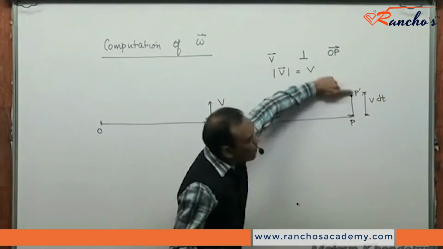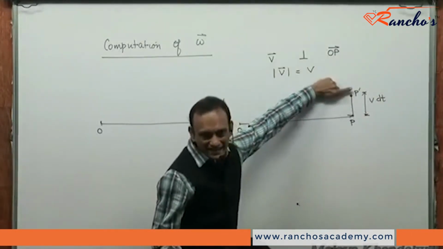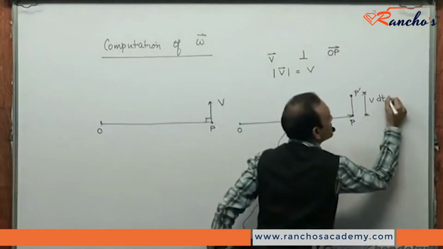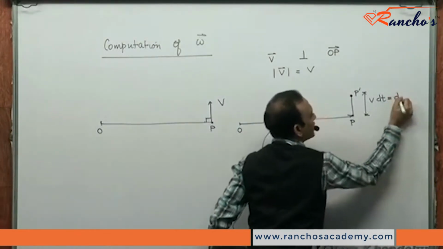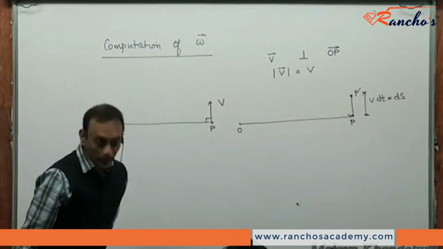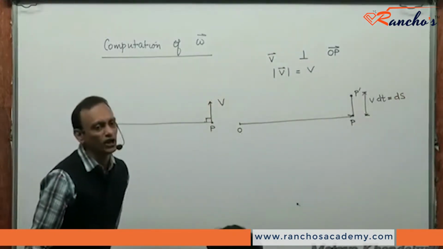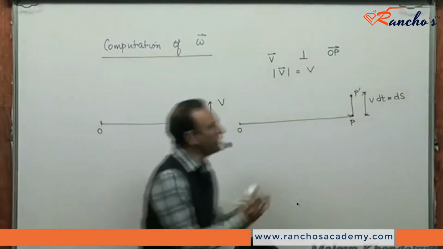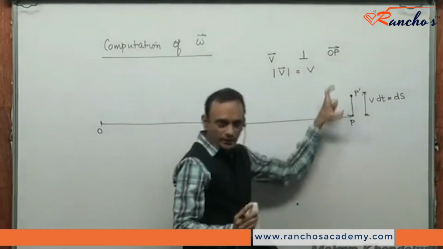It'll undergo a small displacement V dt like this, yes or no? Which I can call as ds. That is its small displacement perpendicular to OP. Yes or no? V dt, right? Perpendicular to OP.